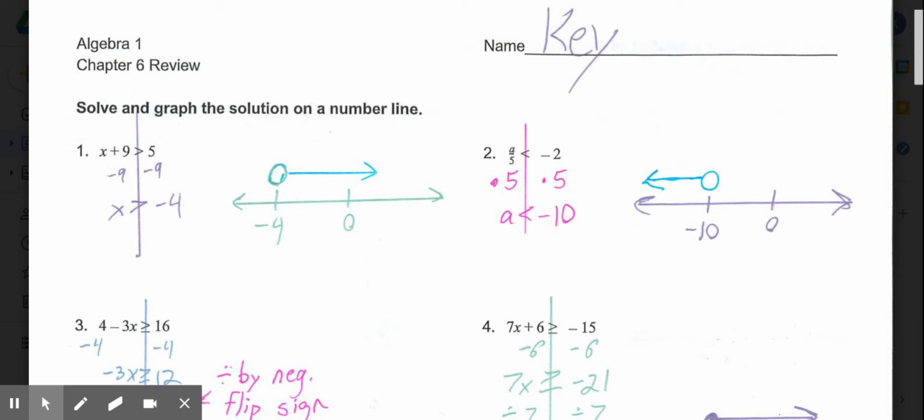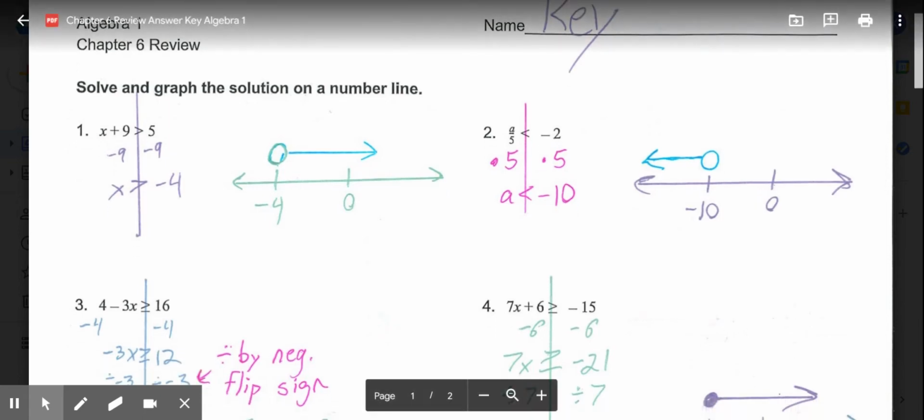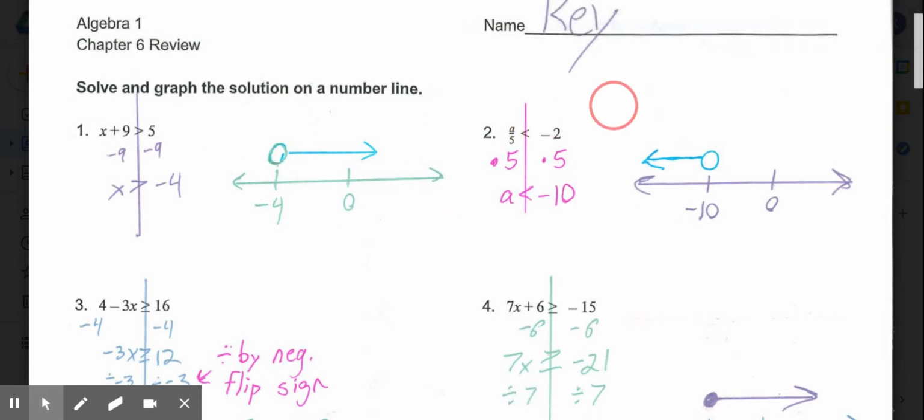First off, anytime that we are solving and graphing the solution on a number line for an inequality, you want to keep in mind if the symbol is simply a greater than or a less than, you would use an open circle at the value when you're graphing.